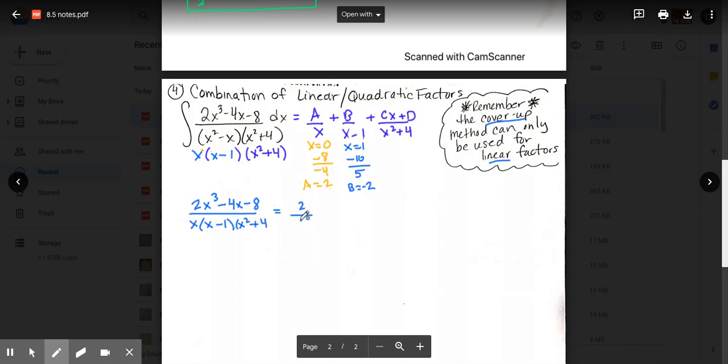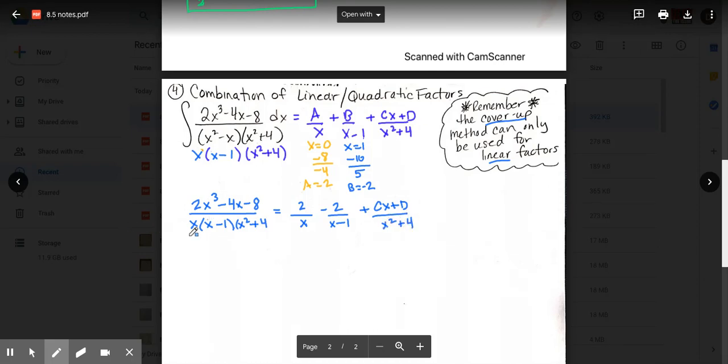So A is 2 over x, minus 2 over x minus 1, plus Cx plus D over x squared plus 4.